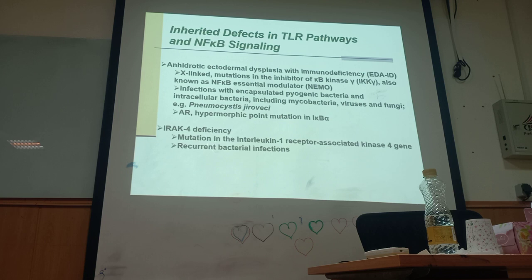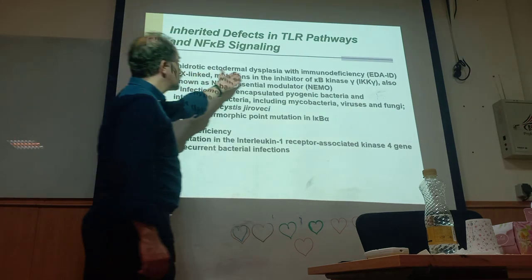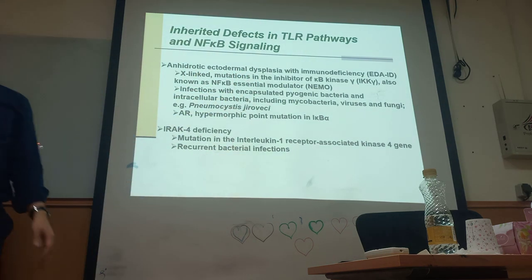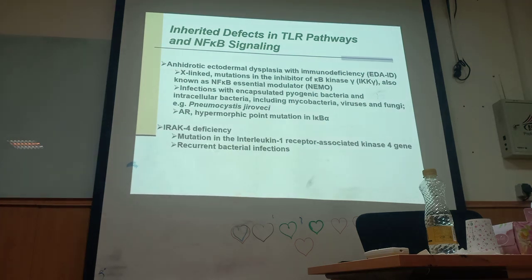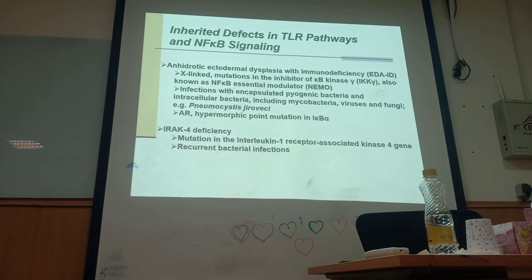So one of the diseases in toll-like receptor deficiency is anhidrotic ectodermal dysplasia with immunodeficiency. What is ectodermal dysplasia? Like conical teeth, defects in the skin, hair. This is ectodermal dysplasia. What is anhidrotic?